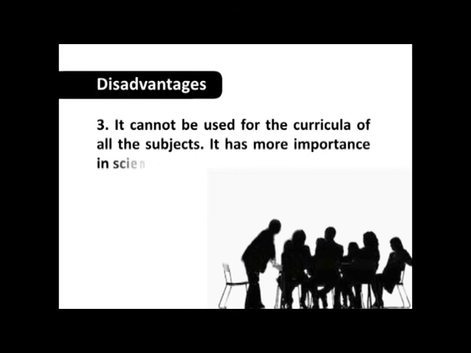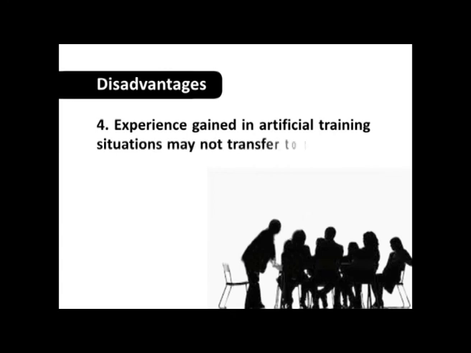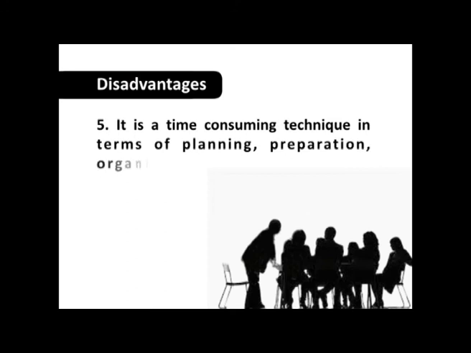It has more importance in sciences than it has in social sciences. Number 4, experience gained in artificial training situations may not transfer to the actual teaching experience. Number 5, it is a time-consuming technique in terms of planning, preparation, organization, presentation, and evaluation.